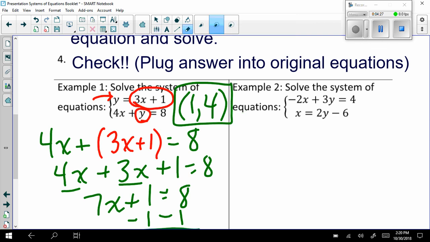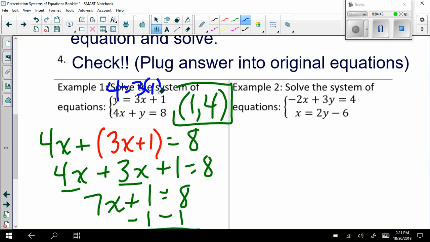If I want to check my work, I just need to plug it into my original equations to see if it works. So I'm going to plug 4 in for y and 1 in for x. So I get 4 equals 3 times 1 plus 1, which is 3 plus 1. So that works.